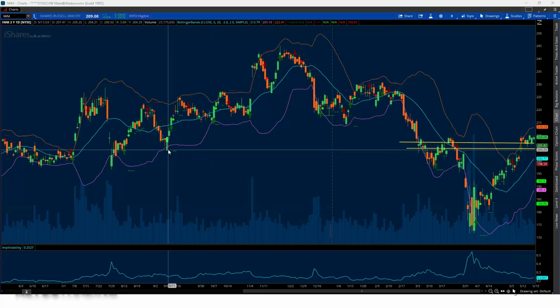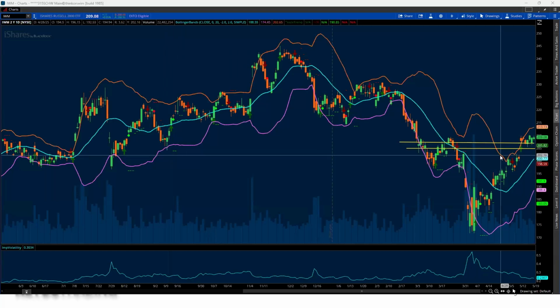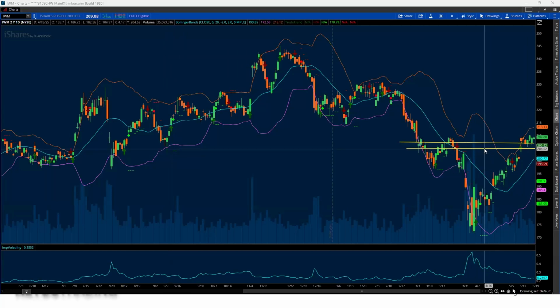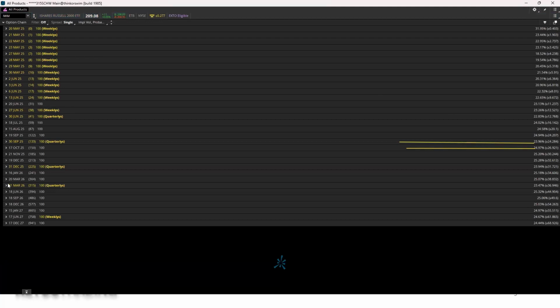There was prior support from back in September. That's the more technical basis, and then the other is related to the option statistics.